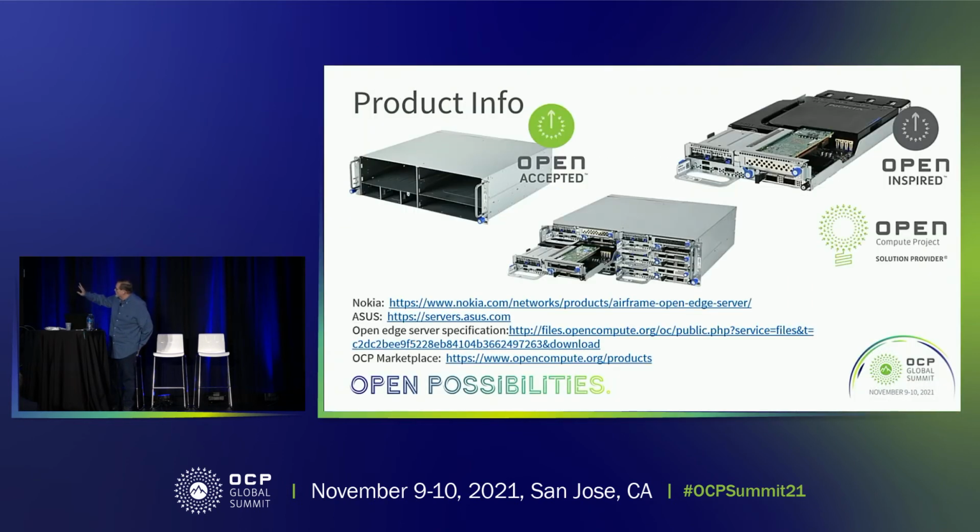So we've got a couple different OCP logos here, right? One is OCP accepted, and the other is inspired, and then the solution provider. What the OCP accepted mark means is that the product and solution is available with a full design specification.